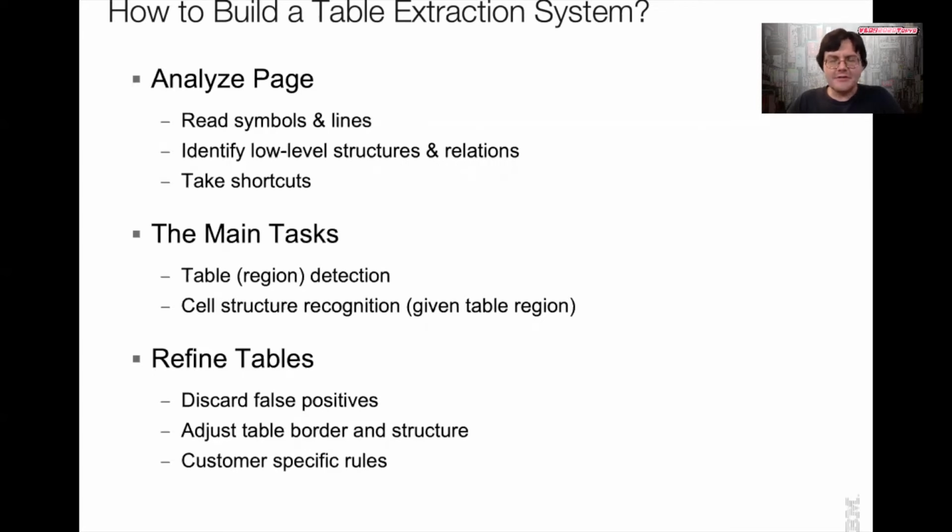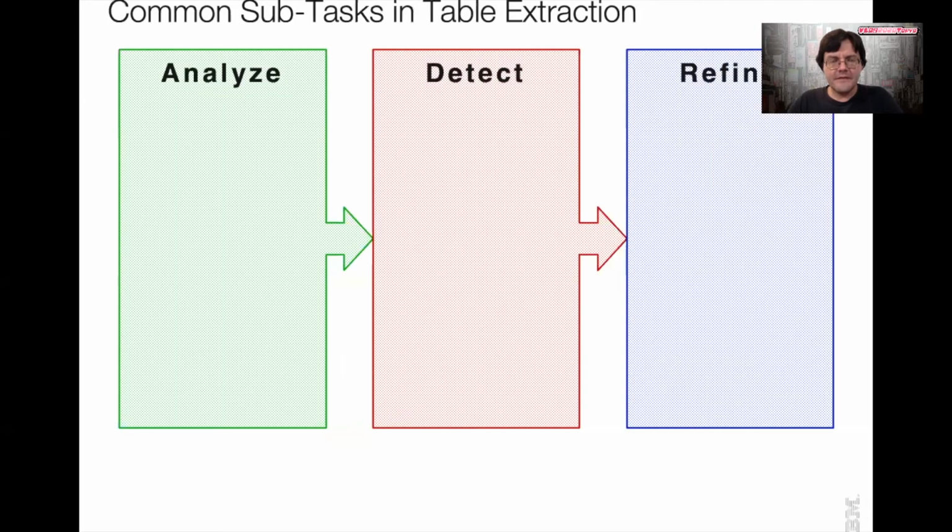Adjust table structure or table border based on some rule set and apply customer-specific rules to attain better accuracy on specific kinds of tables that customers are interested in. So now we have three groups or subsets of tasks: analyze, detect, and refine.